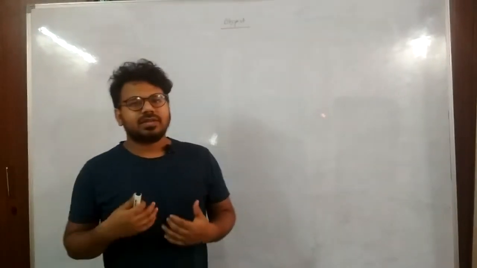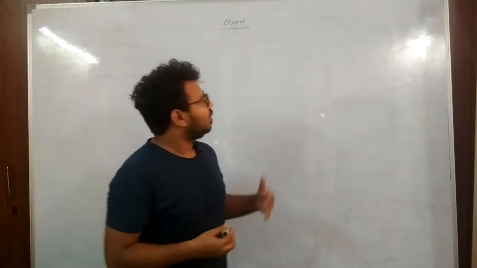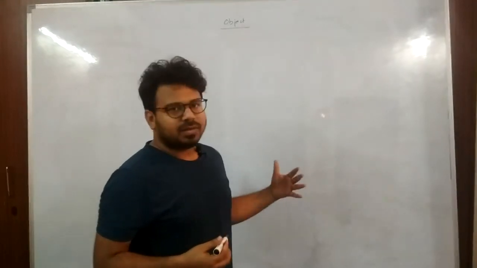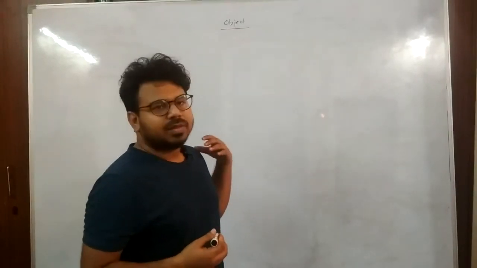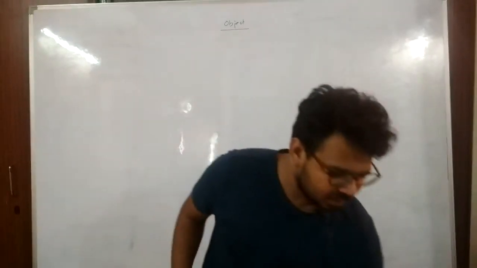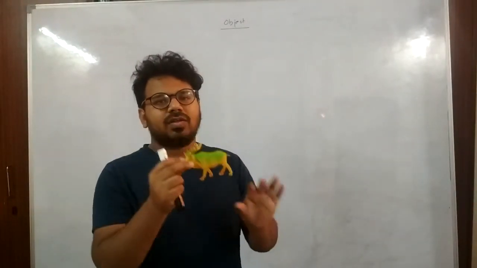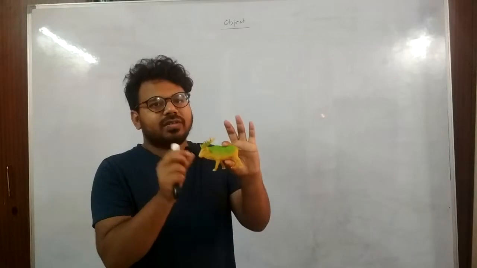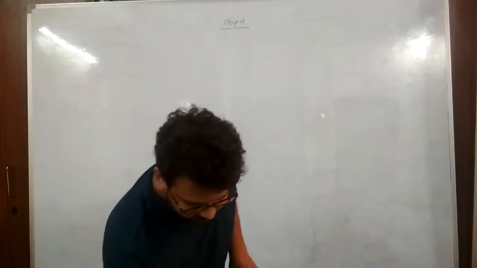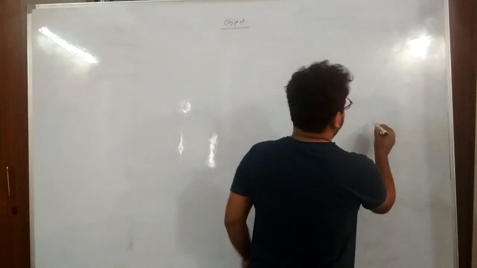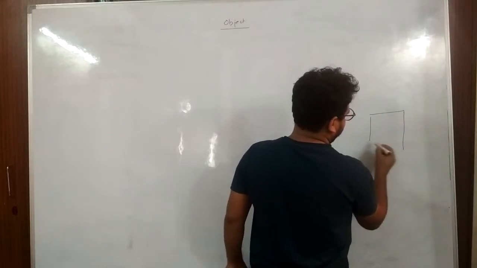To understand this concept, let us consider our previous class, that is the Stack class. Here you can see we have our Stack, so for now let's concentrate on this class.